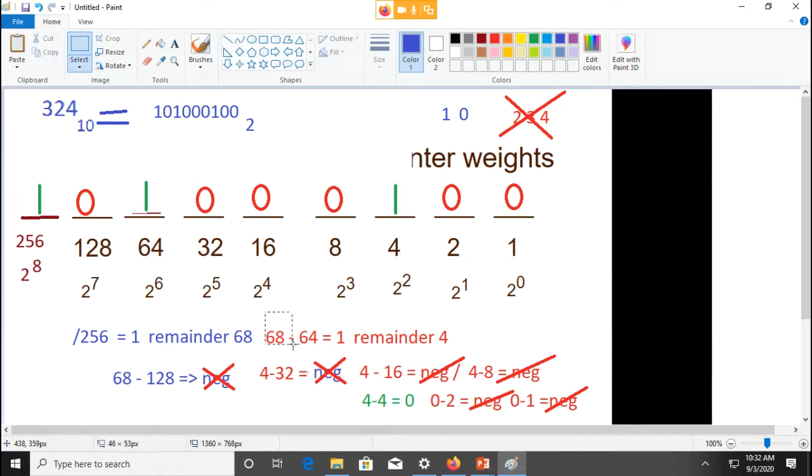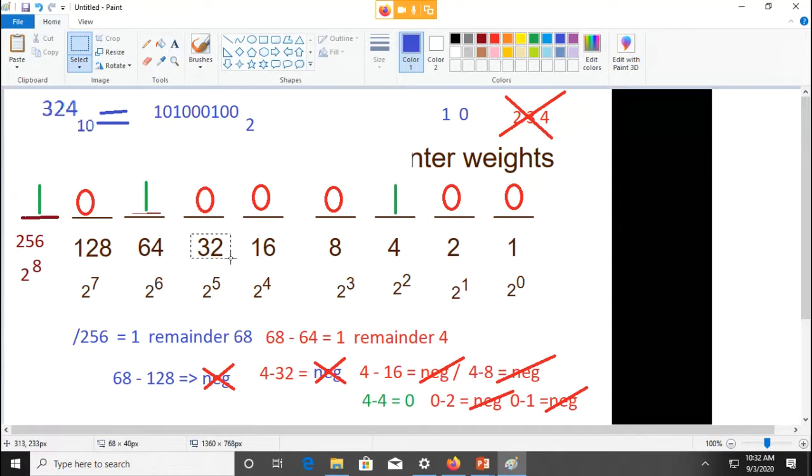We took 68, which was our remainder, and subtracted 64, and that worked. We got a positive out of that, and that gave us a remainder of 4. So we put a 1 in the 64's column.